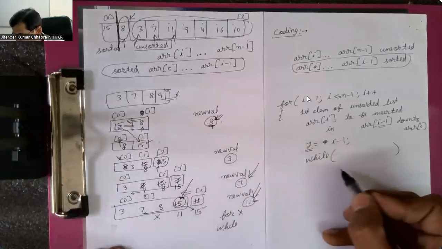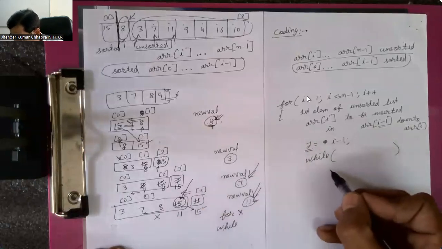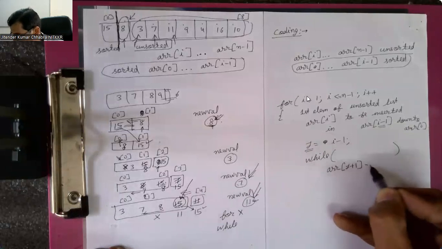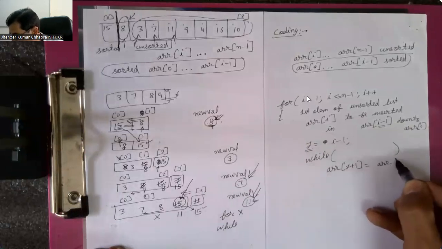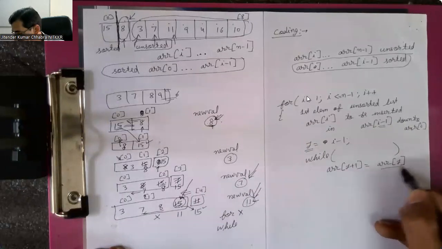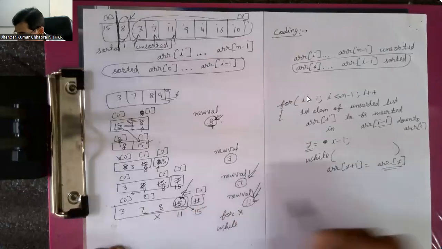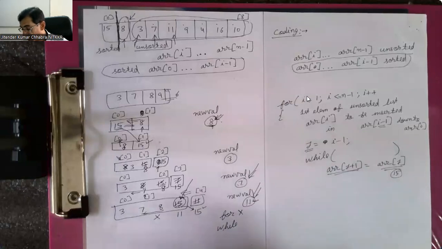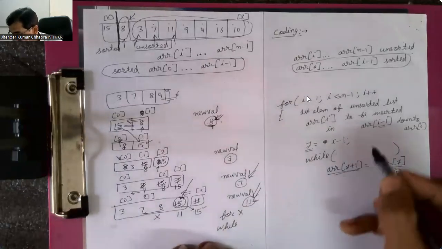So effectively, what I need is arr[j+1] gets arr[j]. arr[j] is, for example, in the last case 15, and 15 will be shifted to just the next position. And the next position is guaranteed to be free.